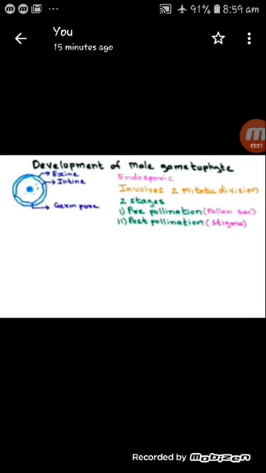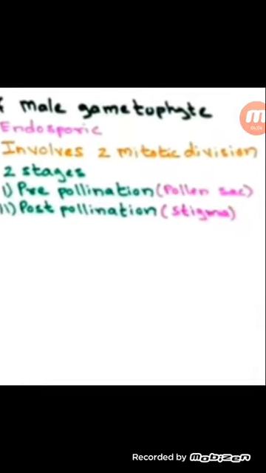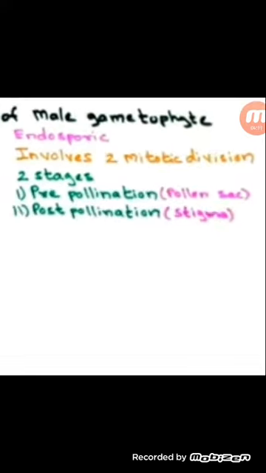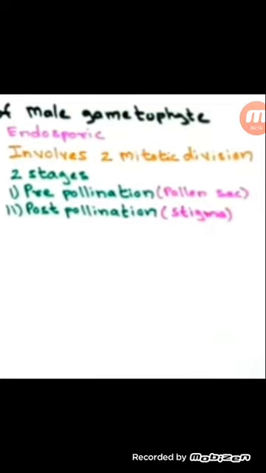First one is pre-pollination, which takes place in the pollen sac, and the second one is post-pollination, which takes place on the stigma.